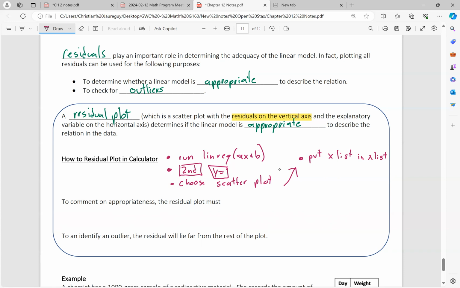I know that sounds weird, but that's what it's called. And then for Ylist, we're going to go second, stat, resid. Second stat, and then all your residuals are recorded, resid.